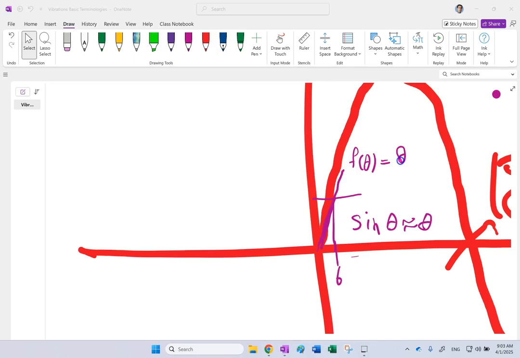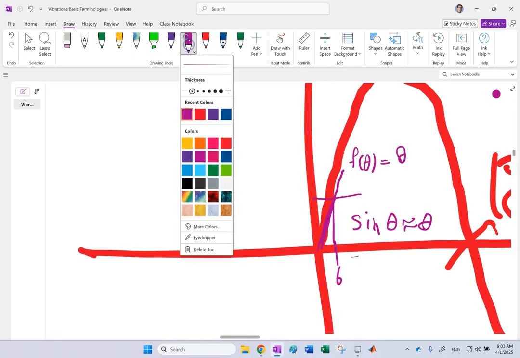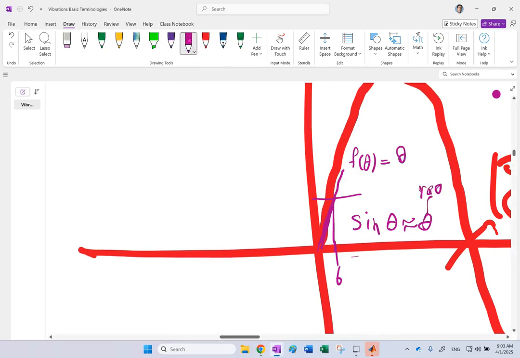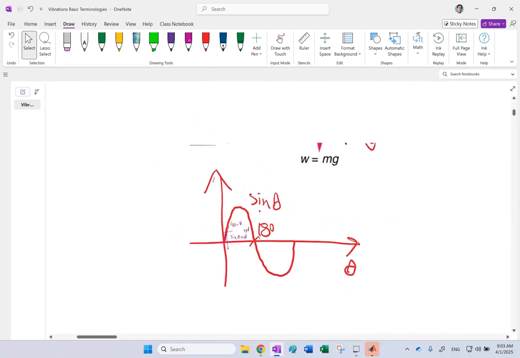The only thing is, when you say these two are equal, pay attention that this theta has to be in radians, not in degrees. So you cannot just say 6 equals sine of 6. No, that 6 has to be converted to radians and compared against sine of 6 degrees, and then you'll see whether they are equal, or whether it's a very good approximation.